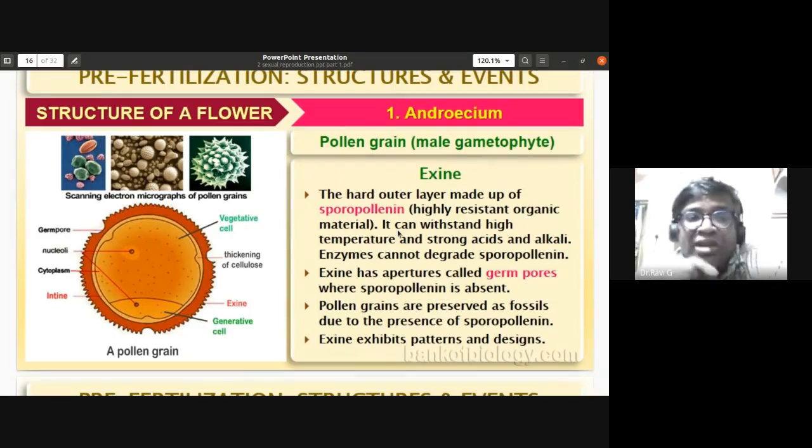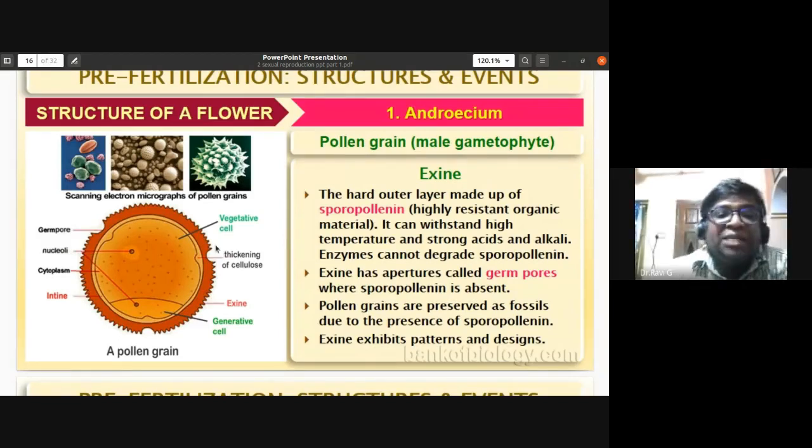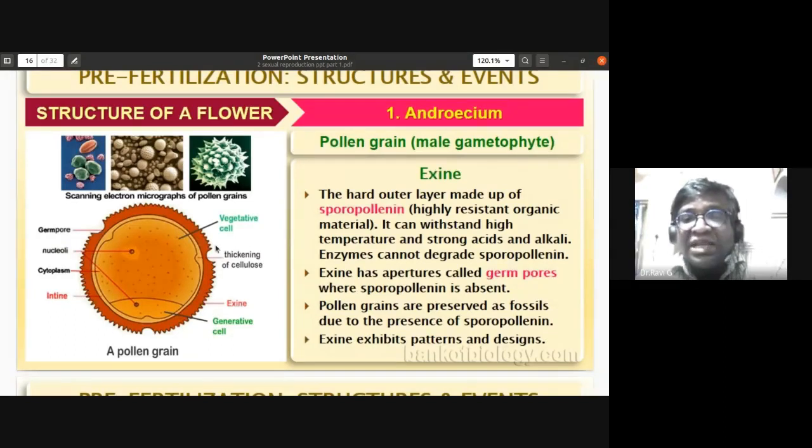Exine has numerous apertures or openings called germ pores, where there is no deposition of sporopollenin. In this diagram, near the germ pores sporopollenin is absent or reduced. Through these germ pores the pollen tube emerges. Pollen grains are preserved as fossils because of sporopollenin. Exine exhibits patterns and designs.